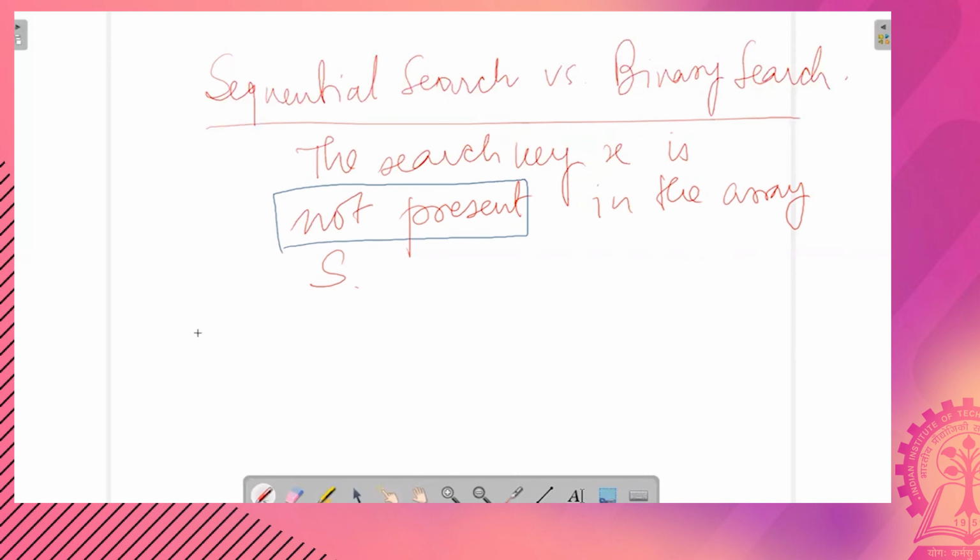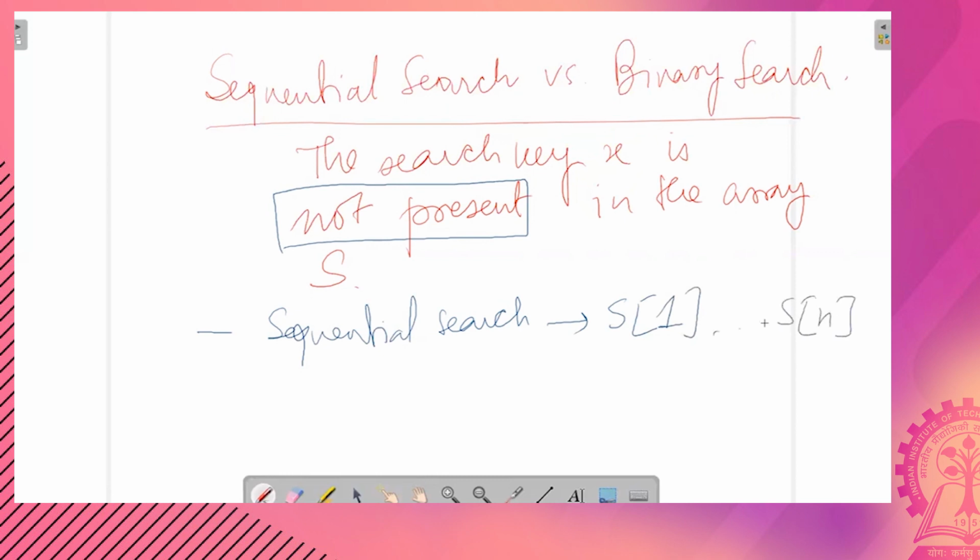So then in this case, for sequential search, how many comparisons will you have to do? So you have to compare, no matter whatever is the case, each and every element of S, starting from S1 to Sn.